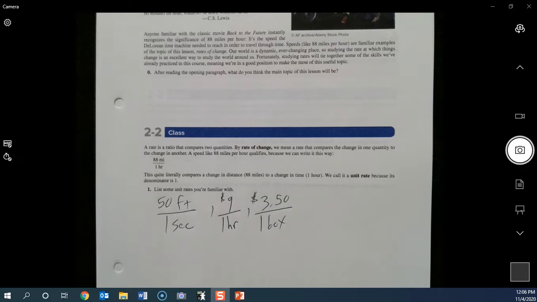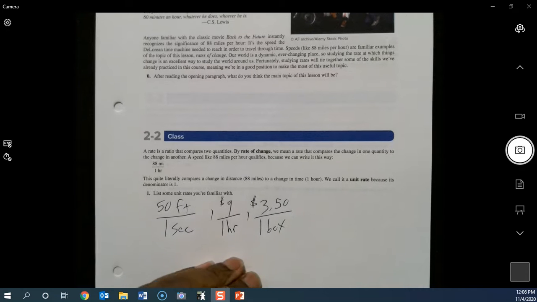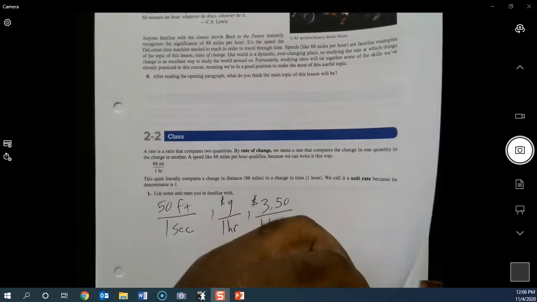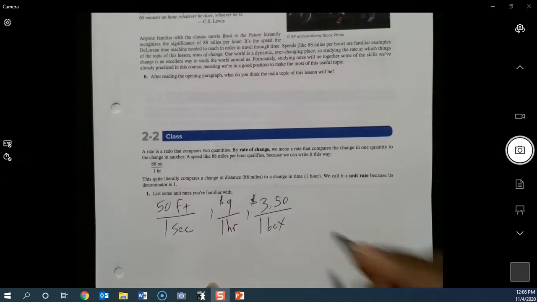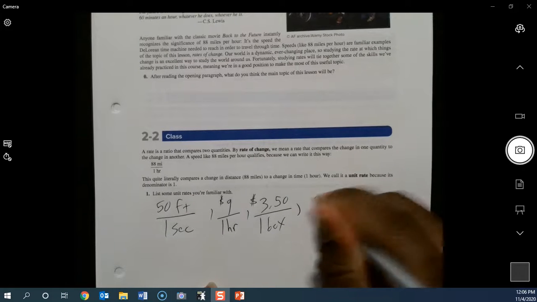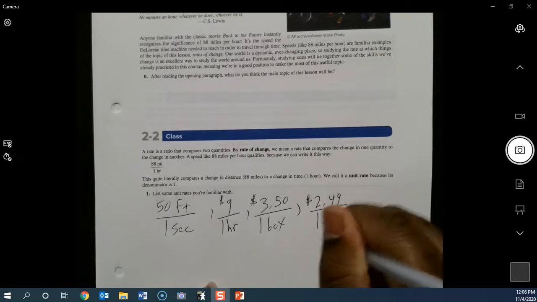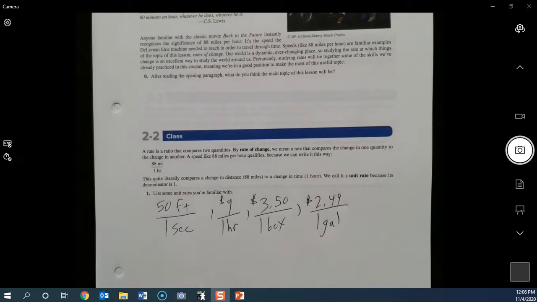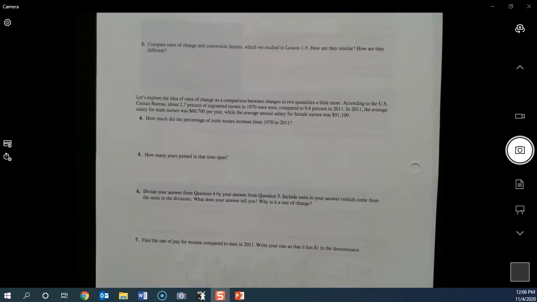Those are examples of unit rates that most of us are familiar with. Or let me add in one more thing here: $2.49 per gallon, as we know with gasoline. All right, so now we go over to the next page.